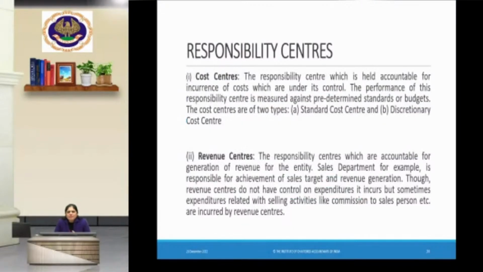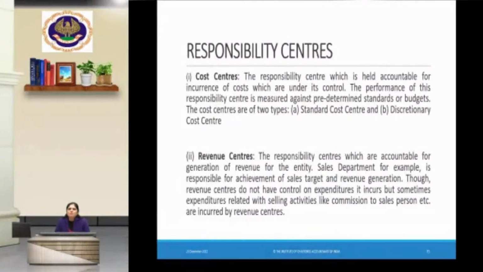Cost centers are responsible just for the cost. So a cost center will not have any selling activities, right? The performance of this responsibility center is measured against predetermined standards or budgets. The cost centers are of two types, standard cost center and discretionary cost center. A standard cost center is one for which the inputs are specified and the outputs can be measured.